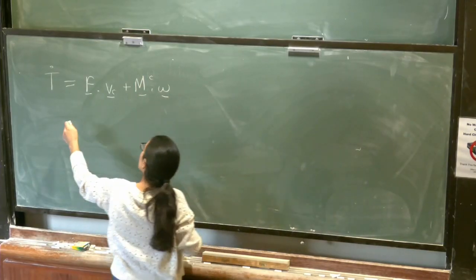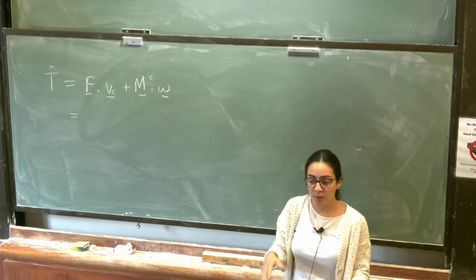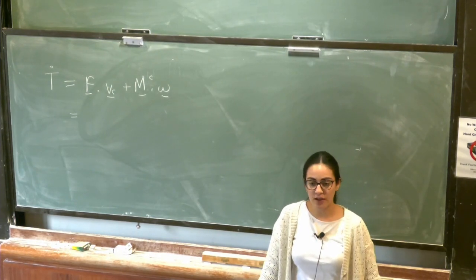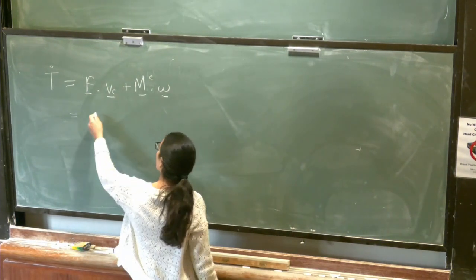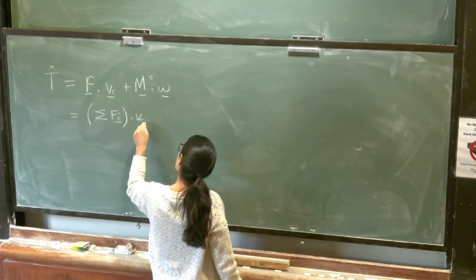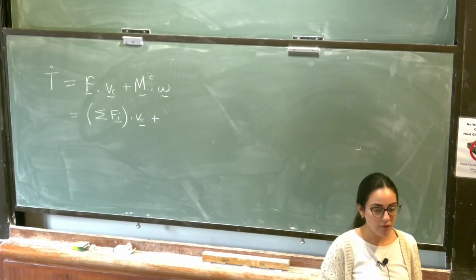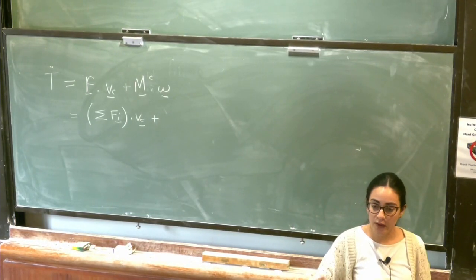dot omega. Let me see what F and MC are. F is the sum of forces acting on the rigid body, right? So F is equal to the sum of Fi dot VC. What about the resultant moment MC about the center of mass? That's the moment of all the forces plus the couples.